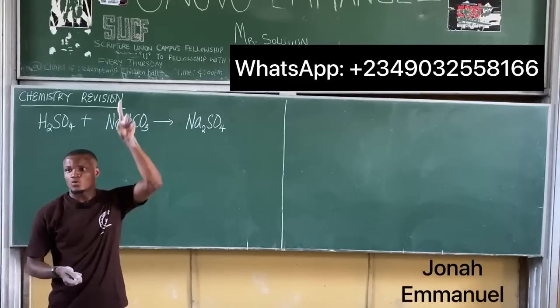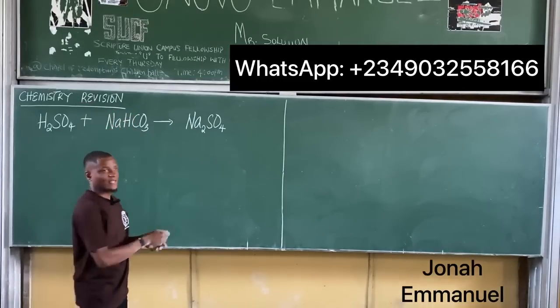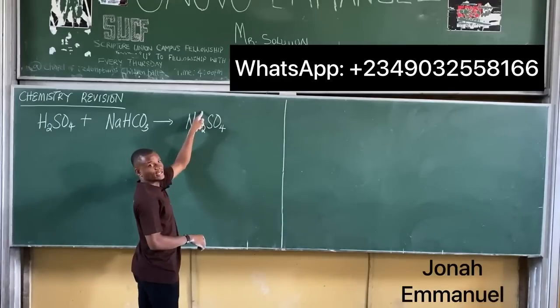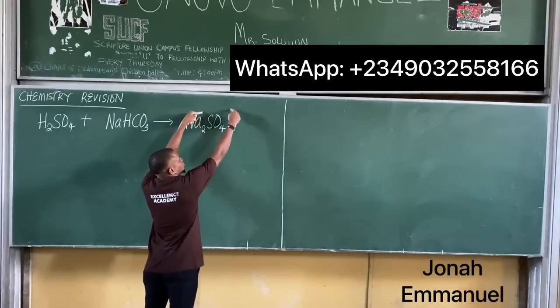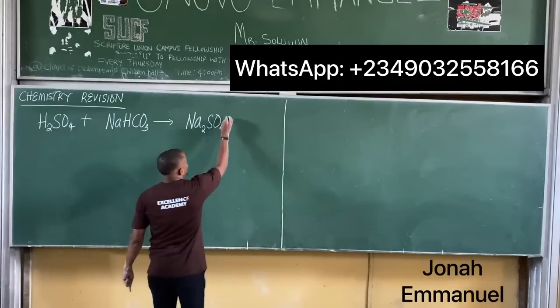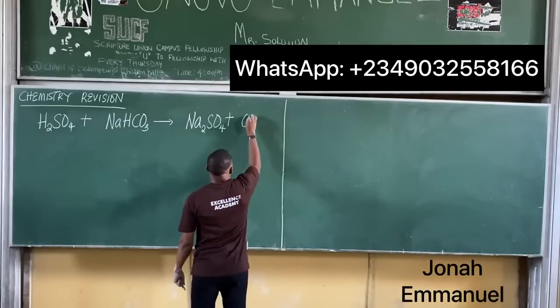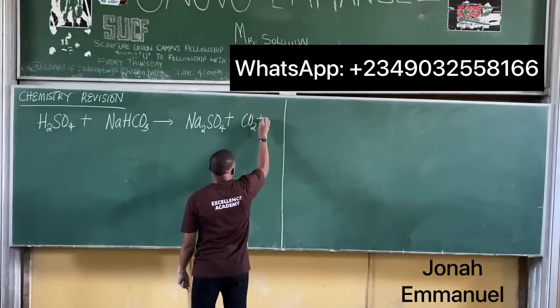Na2SO4. Sodium is +1. SO4 is what there? 2 minus. Please be careful. Sodium is +1, SO4 is 2 minus. The 2 will come here and 1. So it's this. Plus, they said also carbon dioxide, CO2, and then water, so H2O.